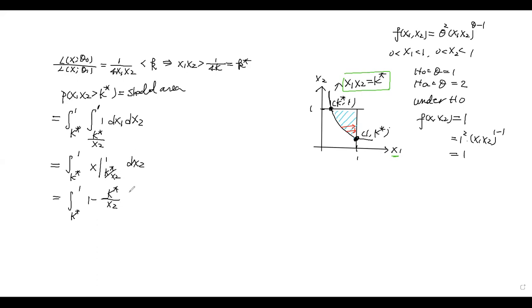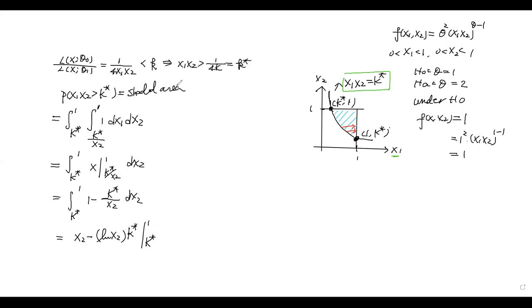Now I do the integration with respect to dx2. This will be x2 minus k star times the natural log of x2, since the integral of 1 over x2 is natural log x2, with upper bound 1 and lower bound k star.